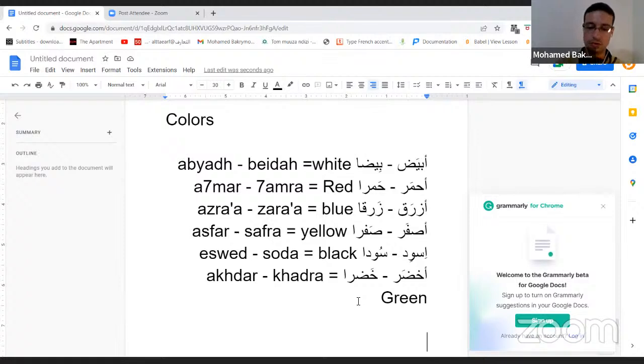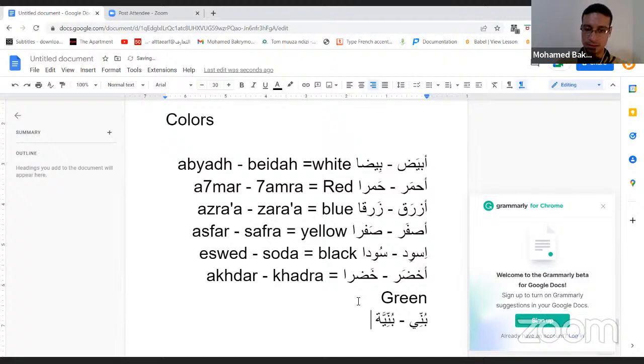We have, of course, many other colors where the feminine form is a bit different, like bunni. Bunni is brown, but the feminine form is like bunniya.